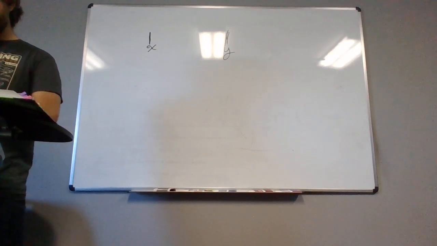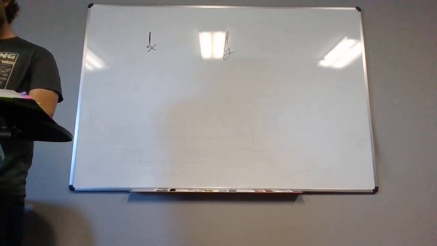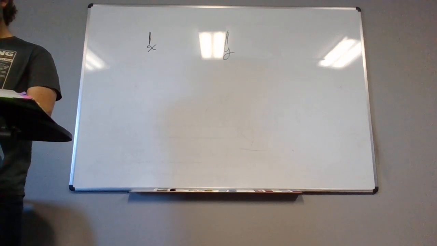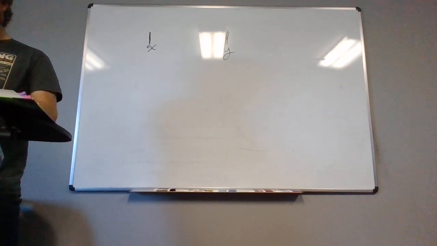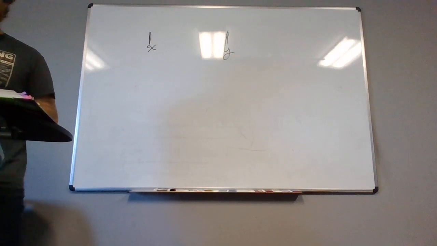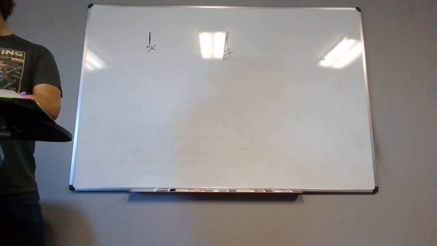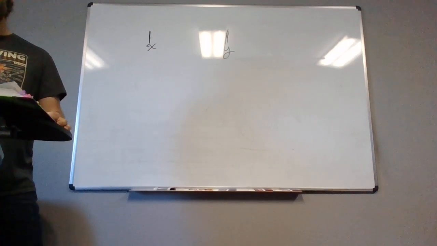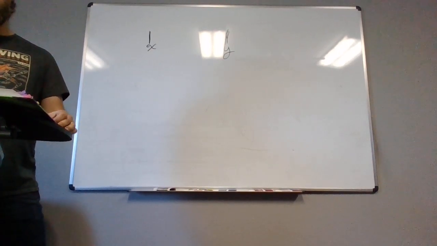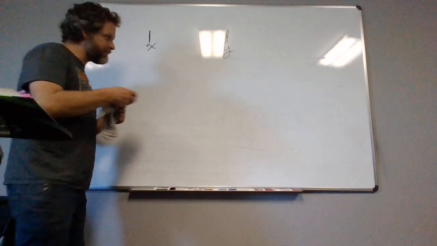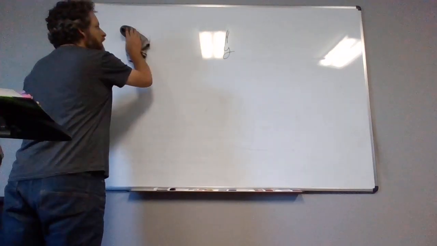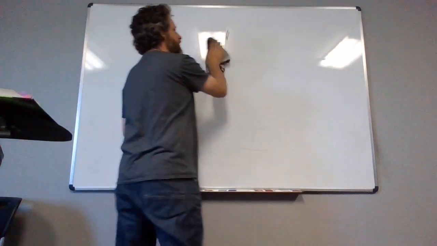Is that a function? No, because the ones repeat on the x's. That's right. Everybody see what we're talking about? So if any of the x's repeat, it's not a function. And it doesn't matter if the y's repeat.